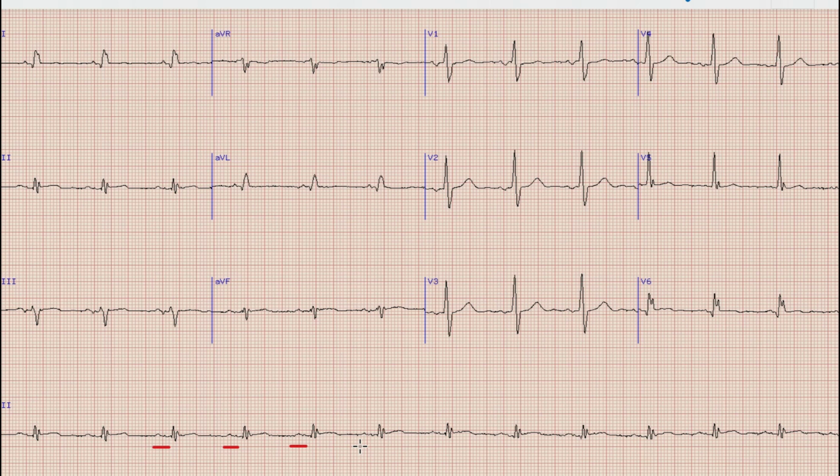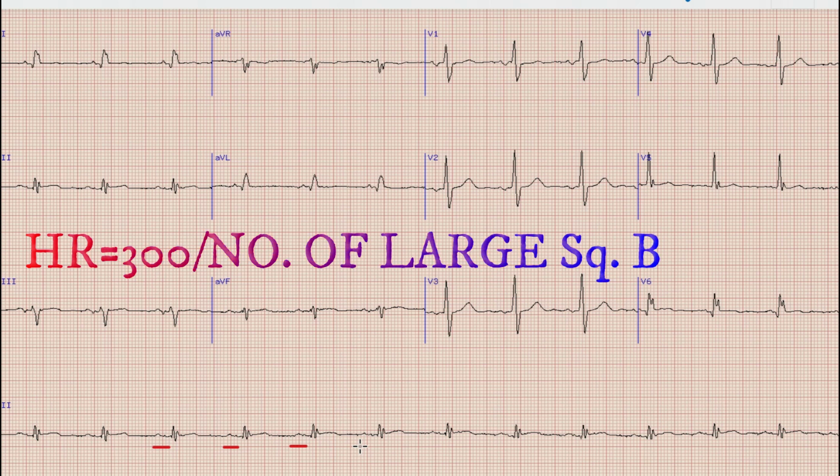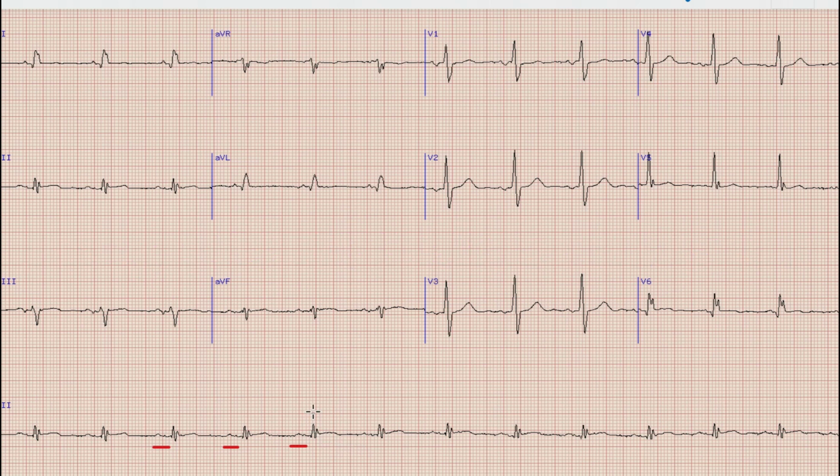After that, we are going to find out the heart rate. Today, to calculate the heart rate, we will use the formula: heart rate is equal to 300 divided by the number of large squares between two QRS complexes. First of all, we will select two QRS complexes, and then between these QRS complexes, we will count the large boxes.